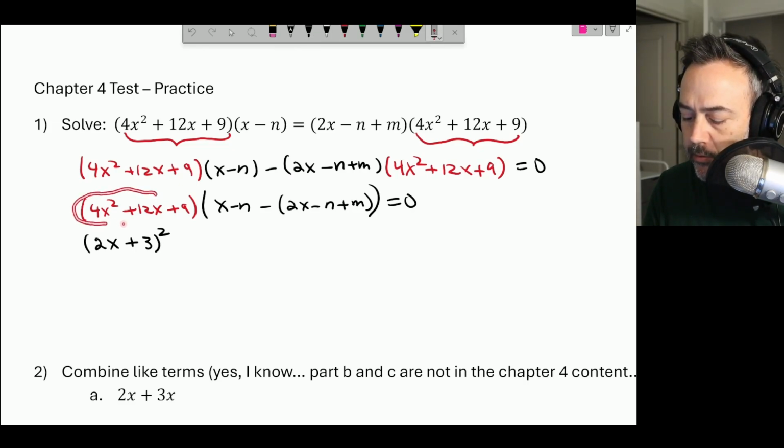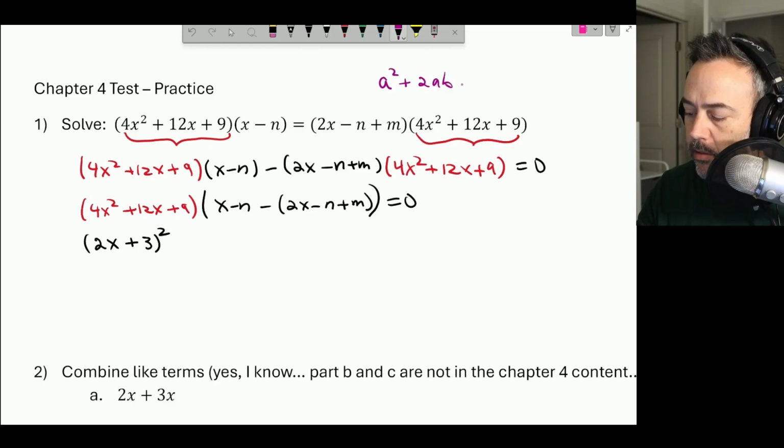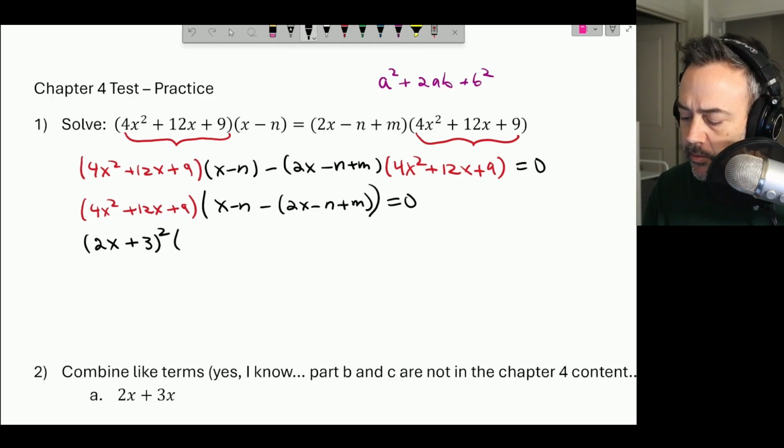This is a perfect square trinomial of the form a squared plus 2ab plus b squared, where a is 2x and b is 3. This would be x. This would be negative x. So I've got x minus 2x. I've got negative n plus n minus m.